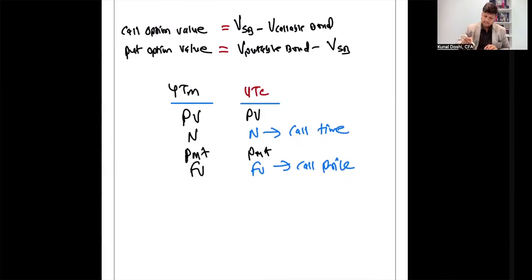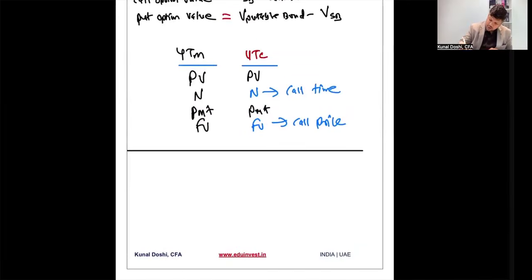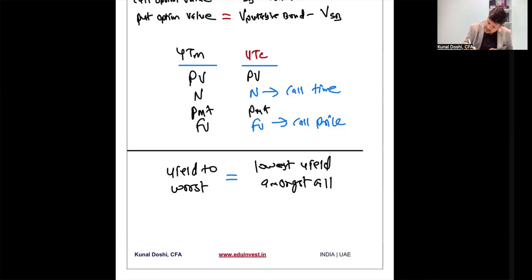Clear, everyone? Now, what is yield to worst? Yield to worst is the highest or lowest? Everyone, lowest yield amongst all yields.